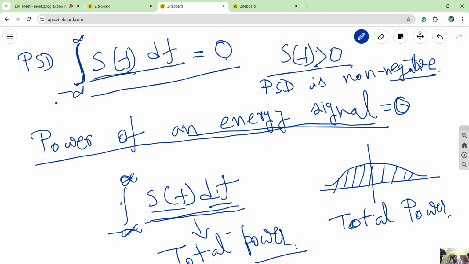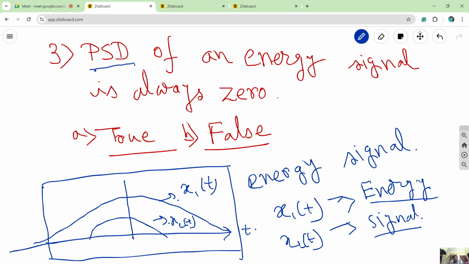But as we are doing the integration over df for a long range, as we are calculating the power, the PSD of an energy signal is always 0. Is that not a true thing?